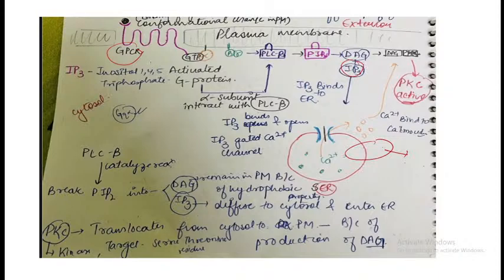Third, it could be which particular subunit of the G protein would be helping in the dissociation of the PIP2 into the various subcomponents. Okay, just go through it. If you have any doubt, any problem, please ask.